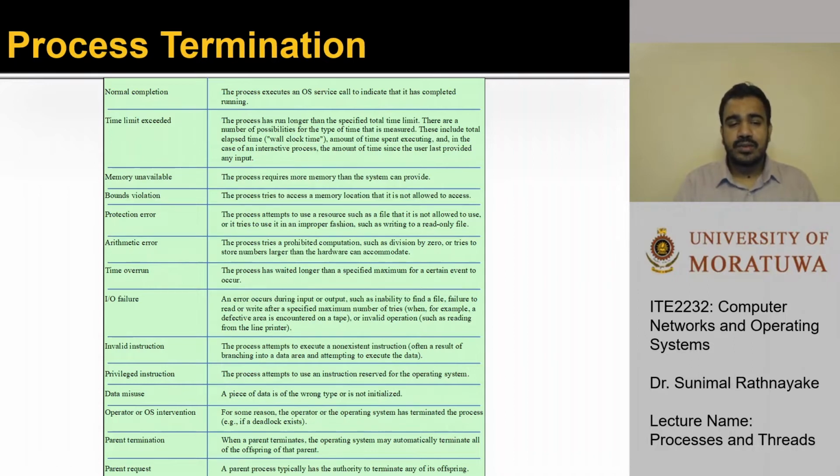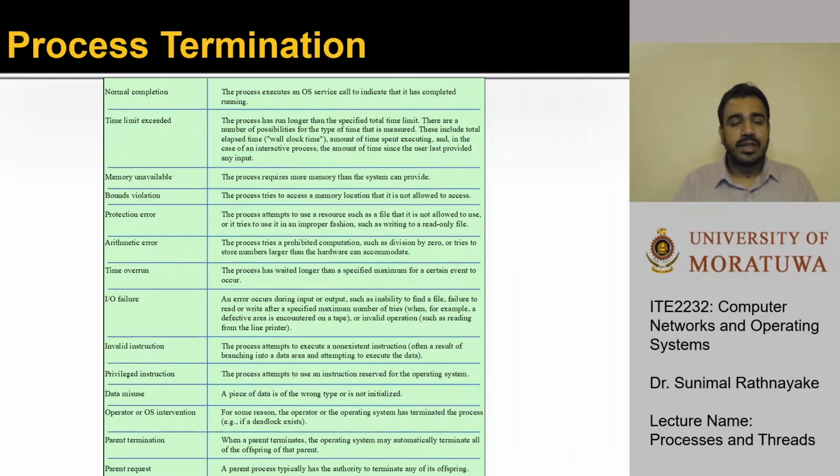There could also be instruction-related issues such as invalid instructions, or trying to execute privileged instructions that are reserved for the operating system. The processes can terminate. When there's data misuse, such as a piece of data of the wrong type or uninitialized data being used by the process, it may be terminated.